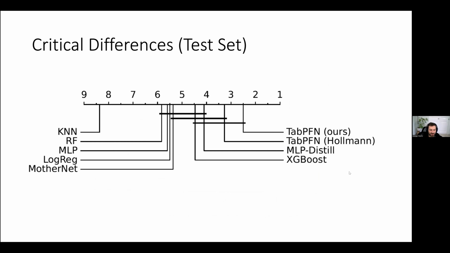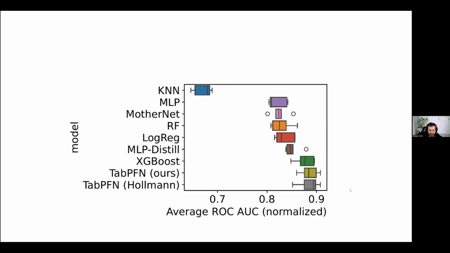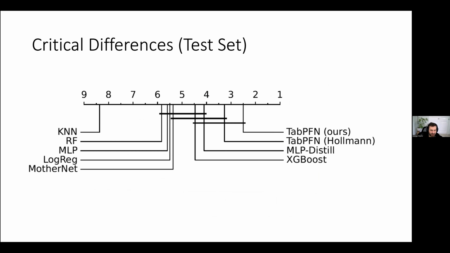The other thing that I saw is, this is averages, this is ranking critical differences, and you can see they look very different. You can see that MLP distill is ranked slightly higher than XGBoost, but they're all in an equivalence class.